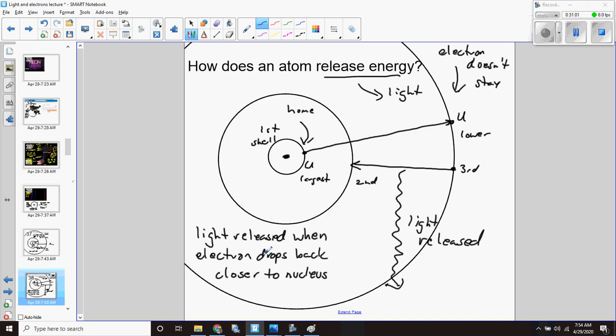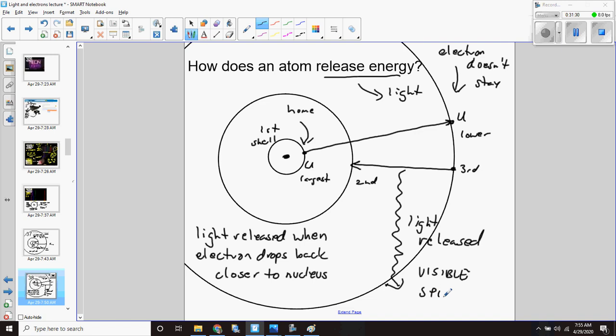Electrons that transition all the way back to the first shell give off the highest energy of light. And electrons that transition back to farther away from the nucleus give off lower energy light. For example, the light released when an electron in a hydrogen atom goes from the third shell to the second shell happens to be in the visible spectrum.